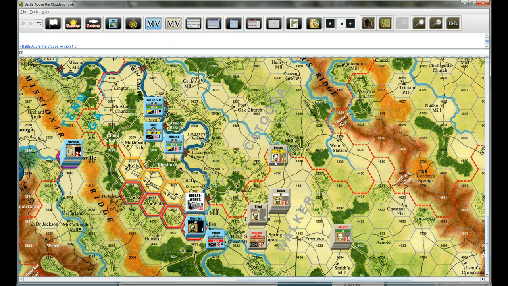So, looking at Pegram here, as I highlight him, he exerts a zone of control into all 6 surrounding hexes with no exception. And what that means in the Great Campaign Series is that as a unit from the enemy approaches, as soon as they enter that zone of control, they must stop.